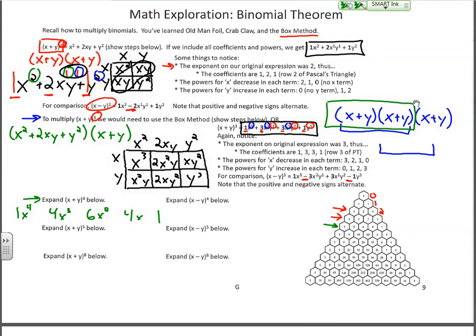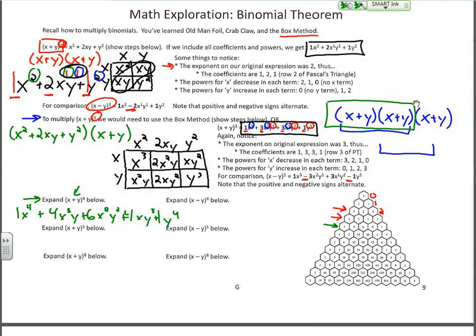My y powers are going to increase from term to term. So 0 in the first term, and then y to the first, y to the second, y cubed, and y to the fourth. And since I'm adding all of these together, since my sign here is positive, plus, plus, plus, plus, I'm done.